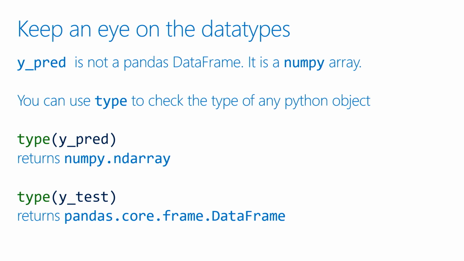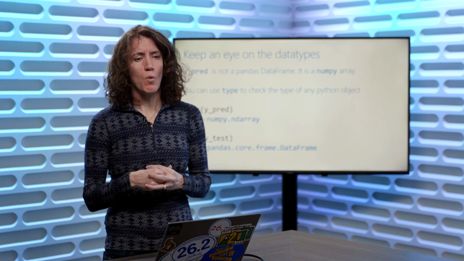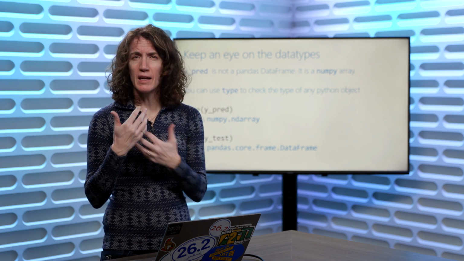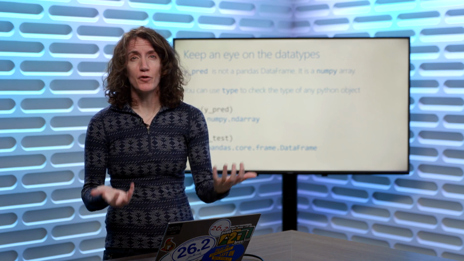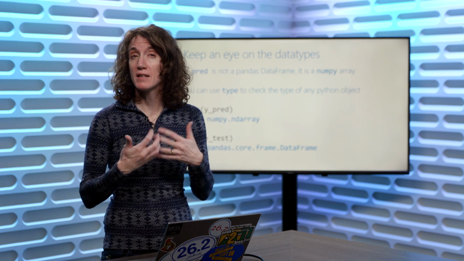Now, this is significant because so far, we've been working with pandas data frames. When we were doing queries, we learned how to query a pandas data frame. When we were looking at information, like how do I display the first few rows or the last 10 rows, we were doing all of this with methods on pandas data frames.